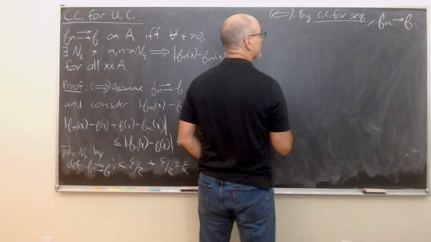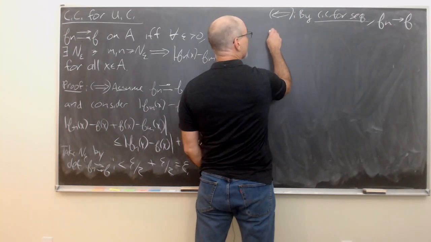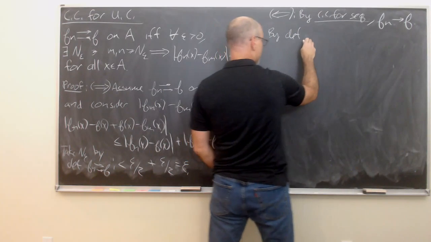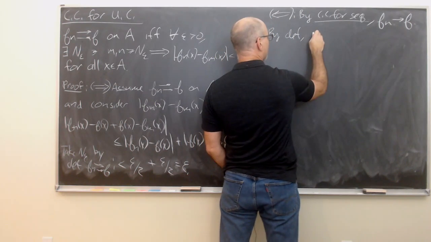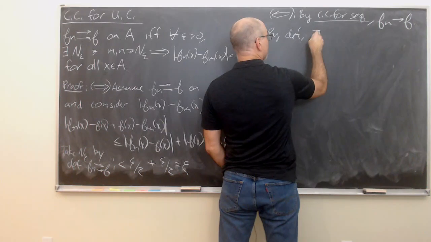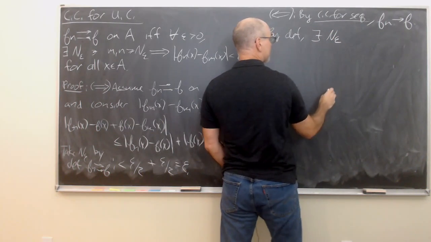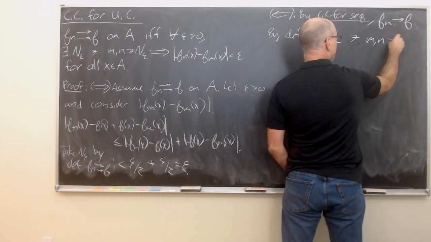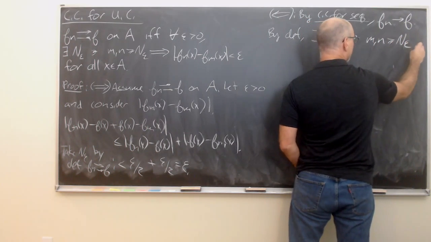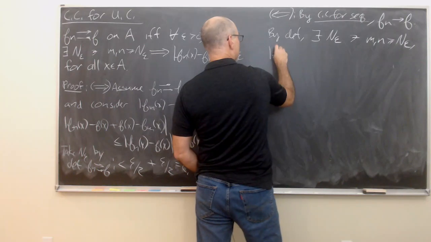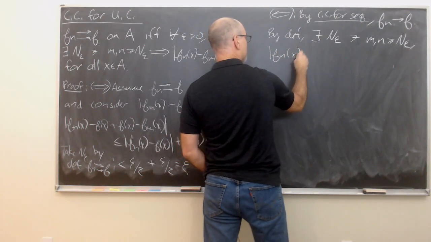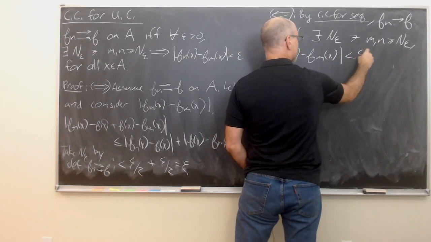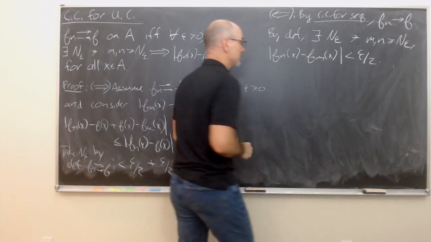All right. So by definition of the Cauchy criterion, there exists some capital N sub epsilon such that if m and n are both bigger than capital N, we can make f_n minus f_m less than epsilon over 2.